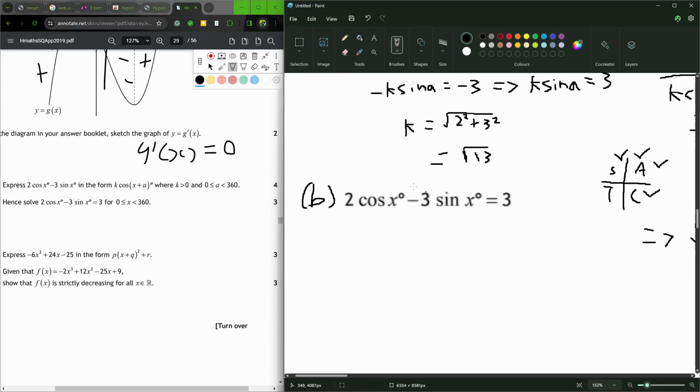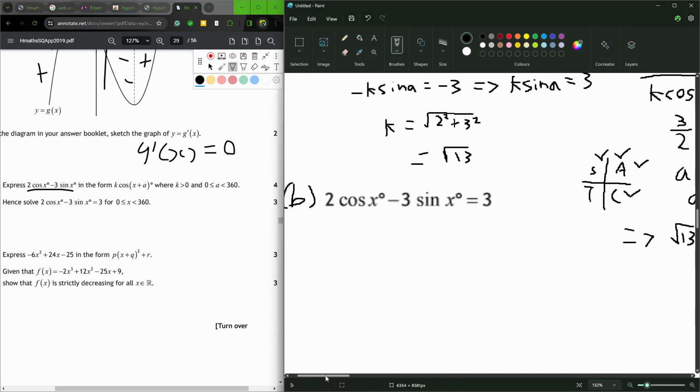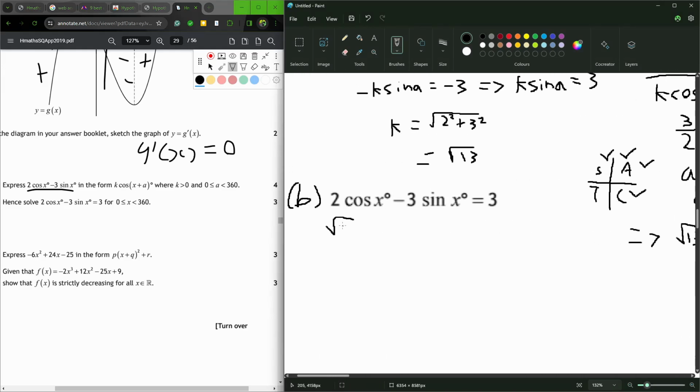We've already figured out that this equals this, so we can just slot that in. Then we divide both sides by root 13.